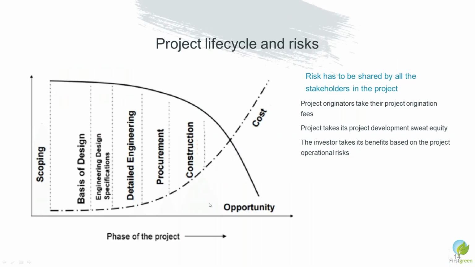Now the whole project cycle which we discussed is subjected to various risks, and the project related risks are higher during the start of the project, and once the project becomes operational, the risk becomes lower.